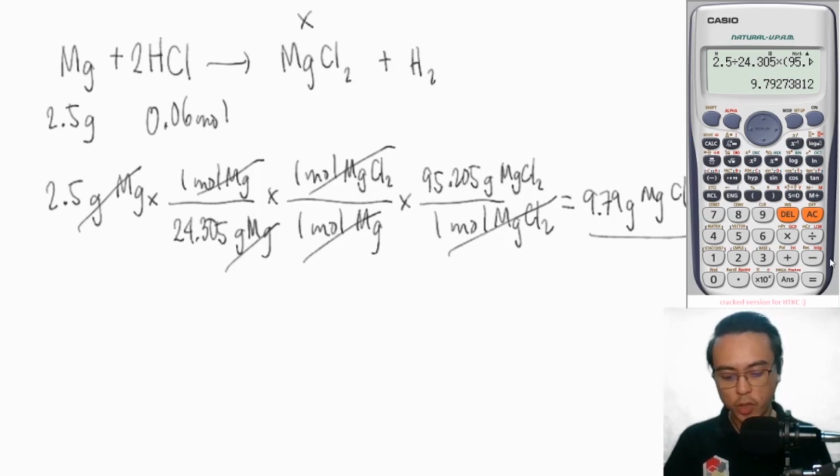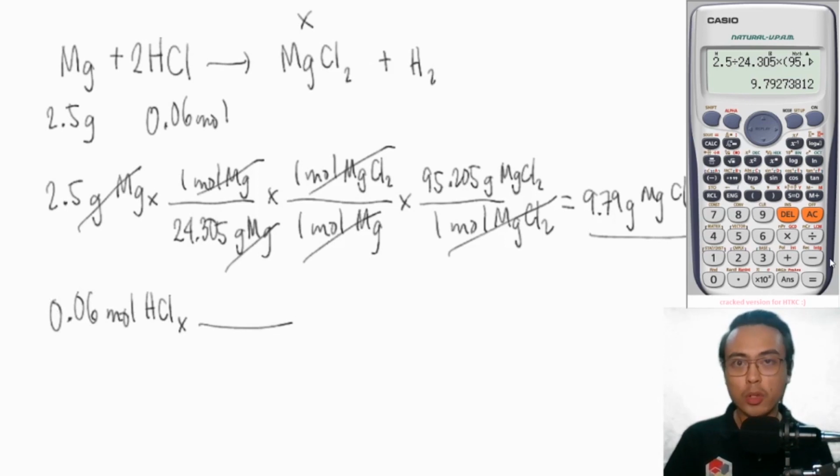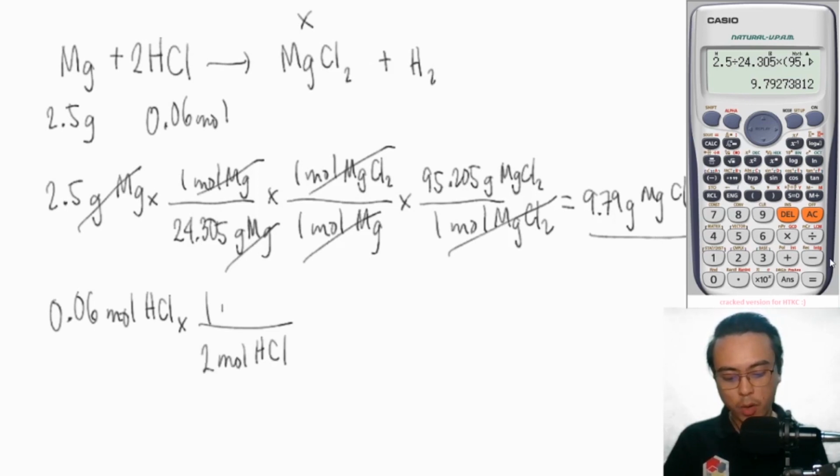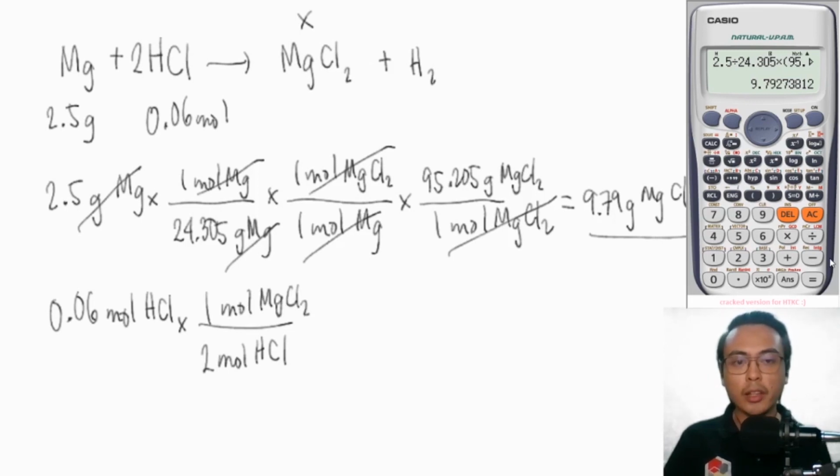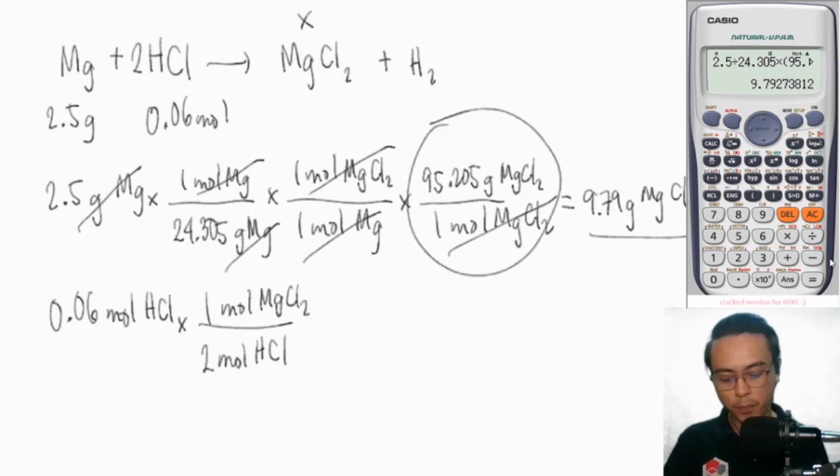So if we start from HCl, you have 0.06 moles of HCl. It is already in moles, so we can now go to the balanced equation. The balanced equation states that there are 2 moles of HCl for every 1 mole of magnesium chloride. And then we can convert the moles of magnesium chloride to mass by using the same factor that we used earlier, the molecular weight.